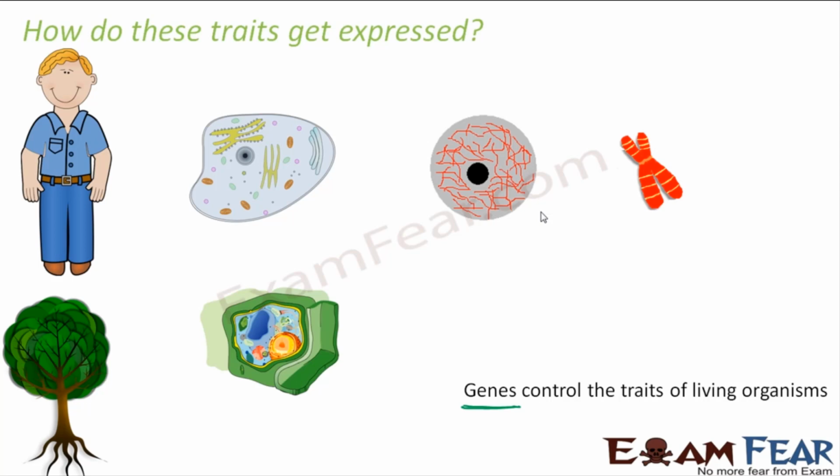If we look at each chromosome in detail, we can see these kinds of regions which are known as genes, and genes are nothing but made up of DNA. So a specific section of DNA which codes for a particular protein is known as a gene. Right? So these genes actually control the traits of living organisms. These genes actually tell us how the living organism is going to be.